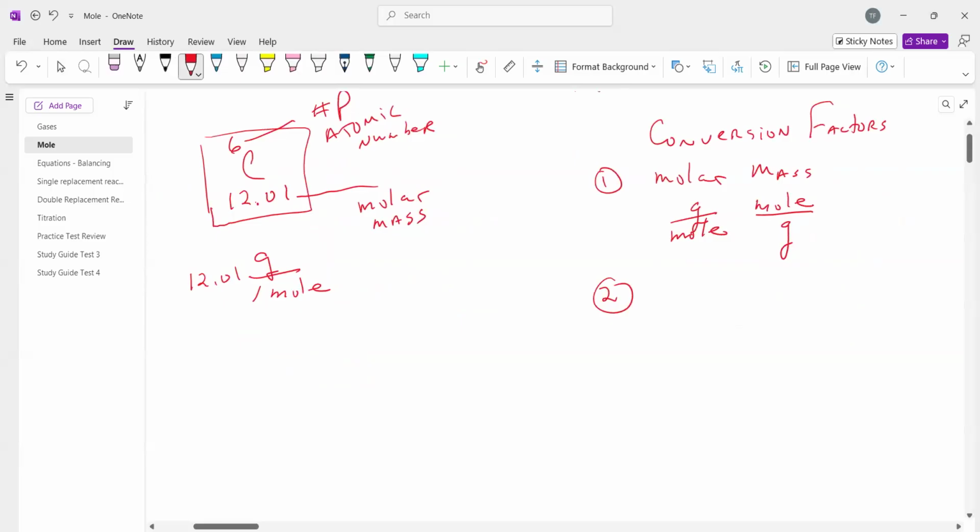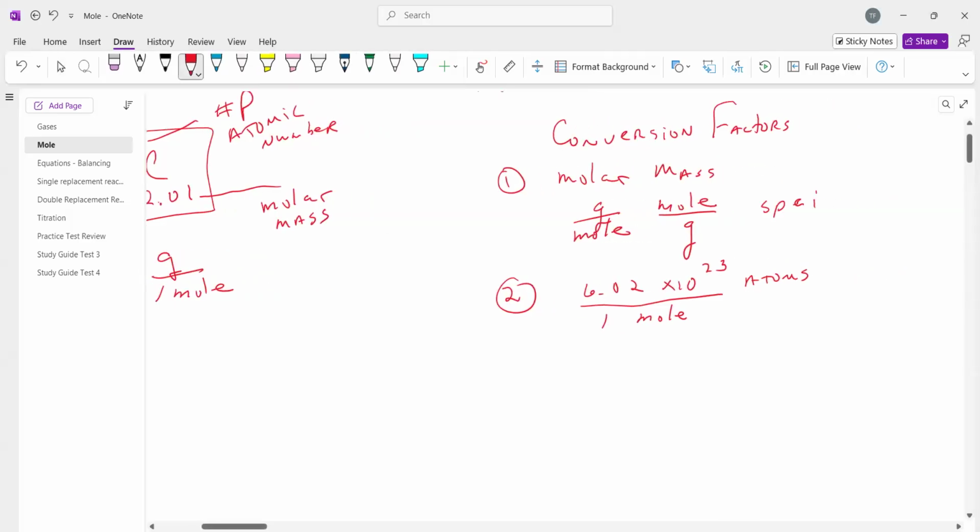Second conversion factor. Okay, so 6.02 times 10 to the 23rd molecules or atoms per mole.